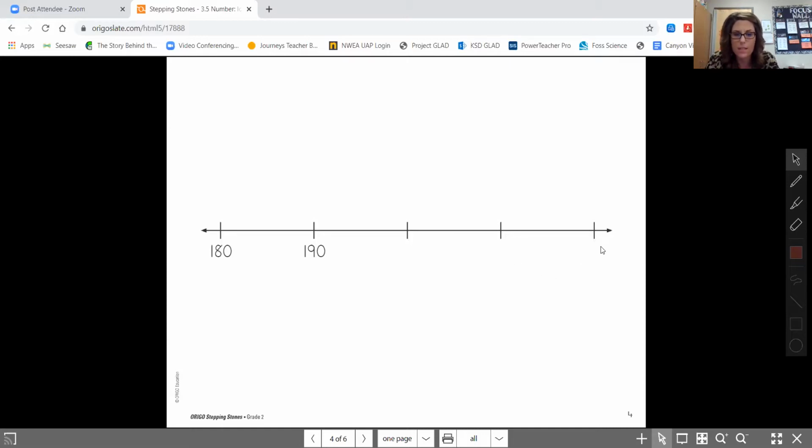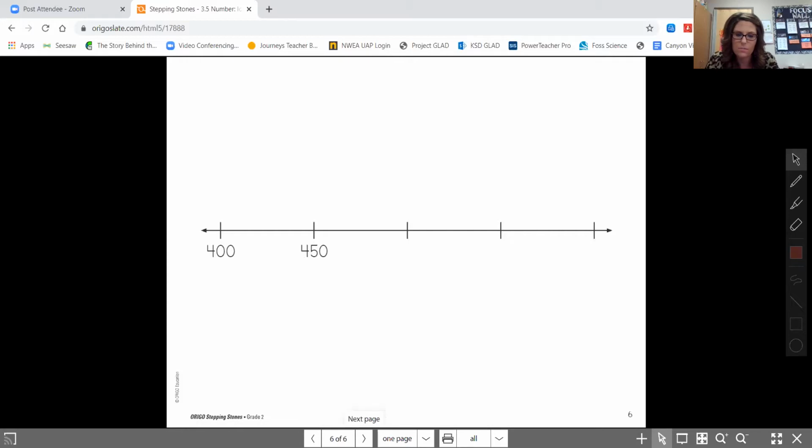So that one went by tens, but it started at 180, 190, and then we had to jump up to 200, and then 210, and then 220. Ooh, this one goes 710, 711. It's going by 1, so we go 712, 713, 714.